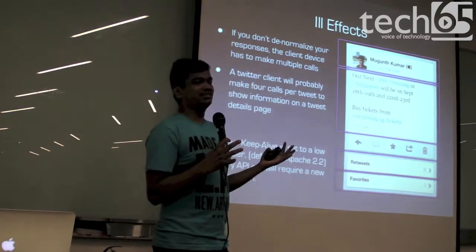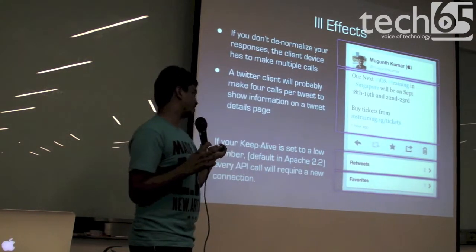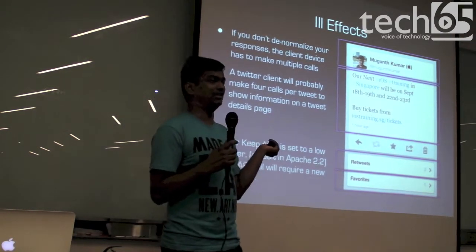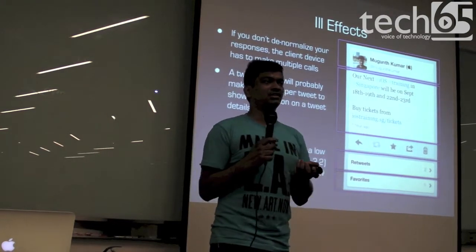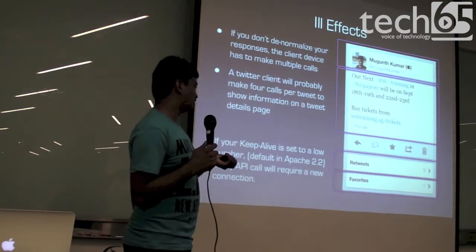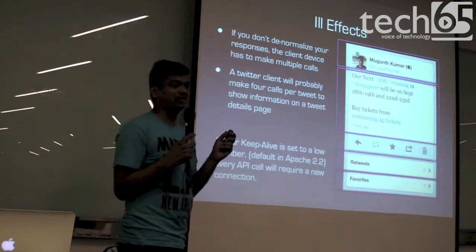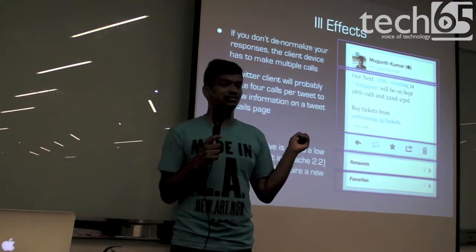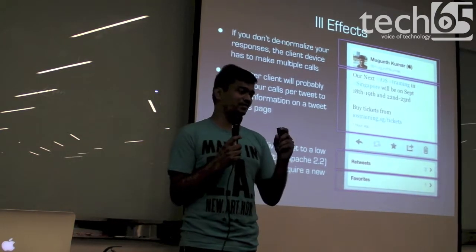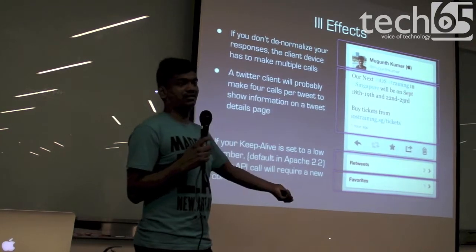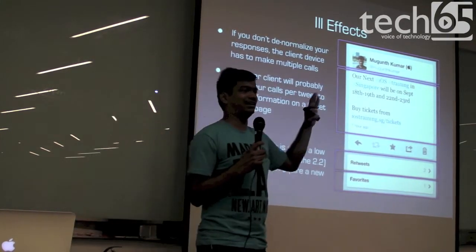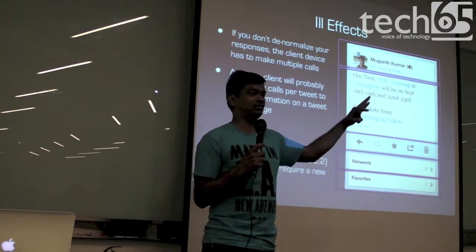To improve your scalability, keep alive is usually kept low. The default on Apache 2.2 is 4 seconds, if I'm not wrong. And when you have scaling problems, your sysadmin will set it to 0. And what 0 means is, every call is going to create a new socket connection with your server.